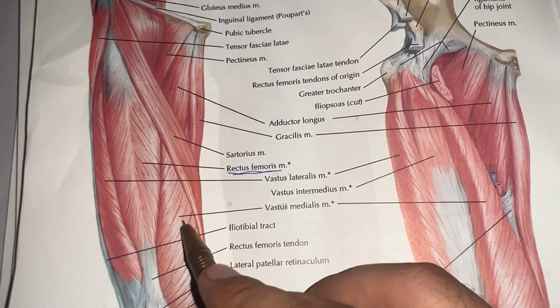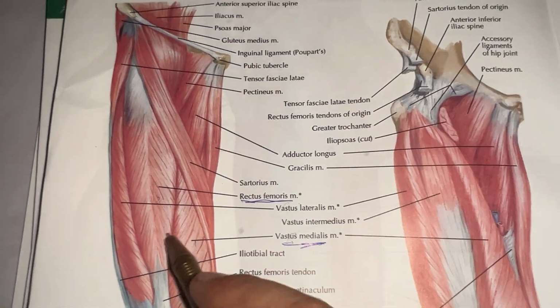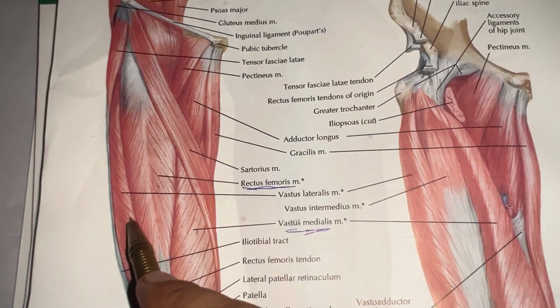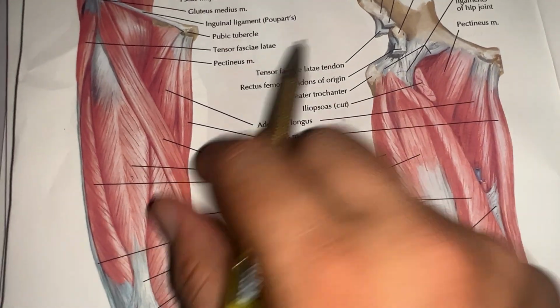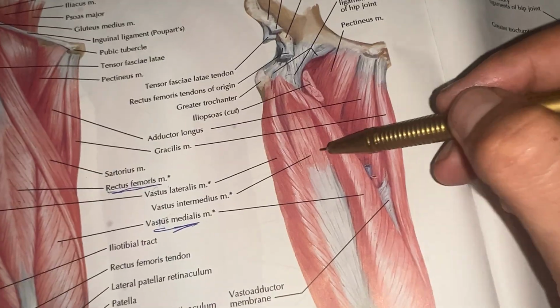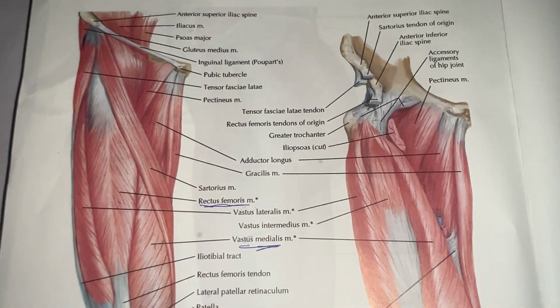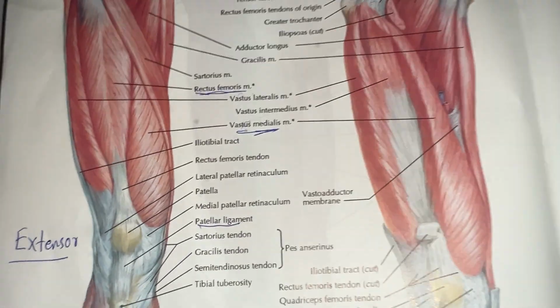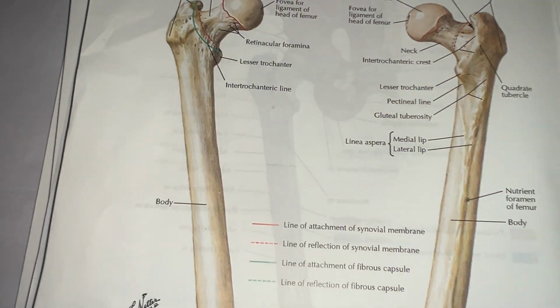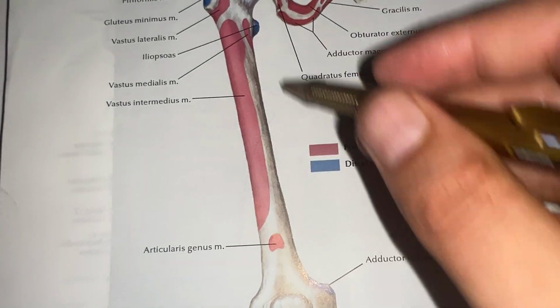This is vastus medialis. Okay, vastus medialis. This one is vastus lateralis, and deep to rectus femoris, if we cut the rectus femoris muscle, then this muscle is vastus intermedius. Okay, so these are the three vasti muscles, and the vasti muscles originate from the shaft of the femur.